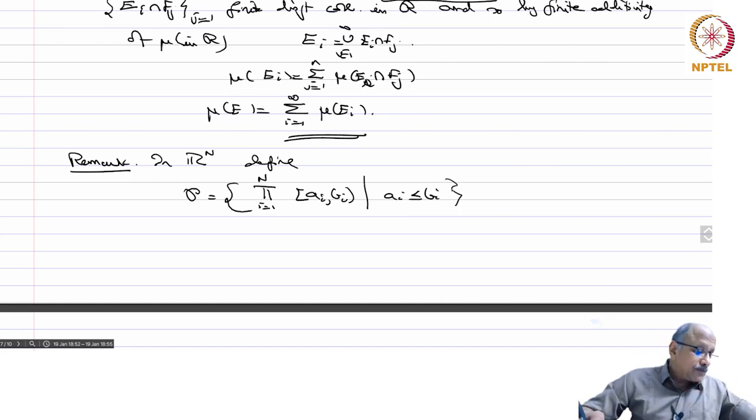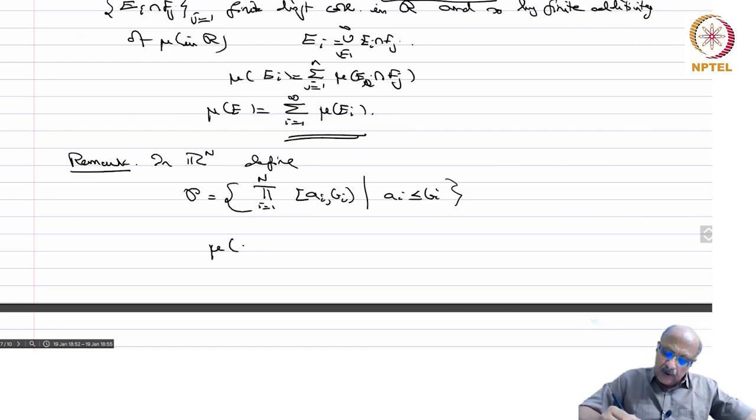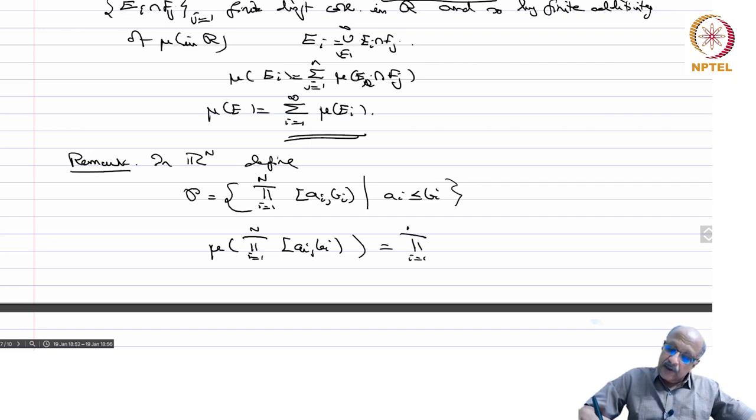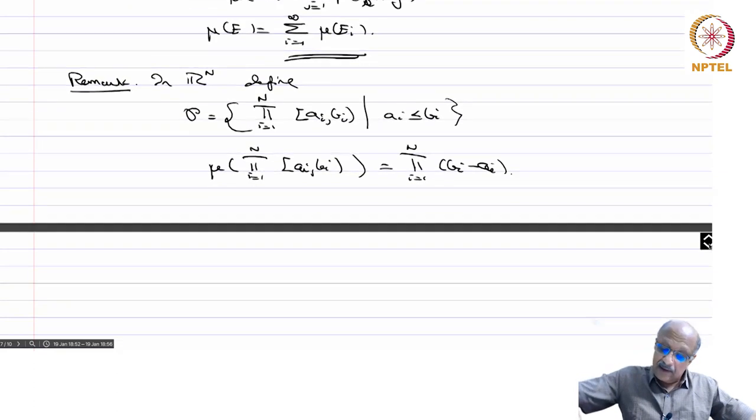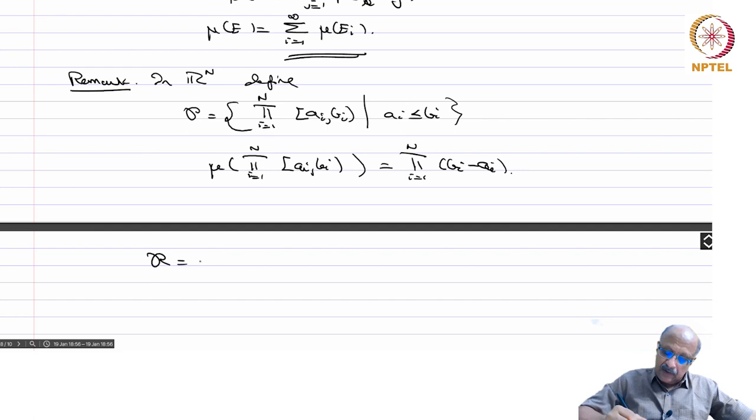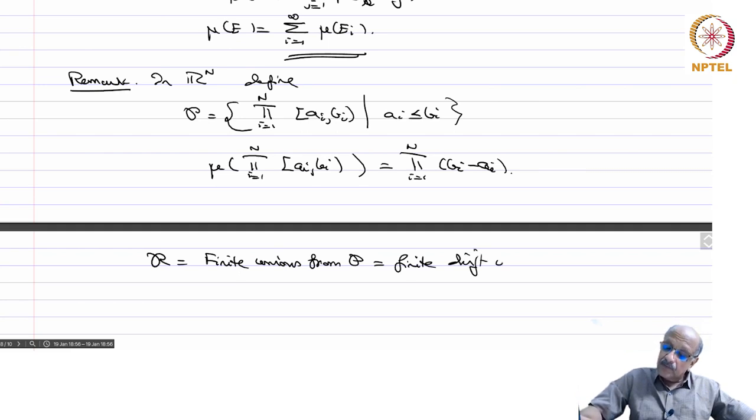And then you define mu of the product of (ai, bi] equals the product over i equals 1 to n of (bi minus ai). Okay, and then you define R equals finite unions from P, equals finite disjoint unions from P.